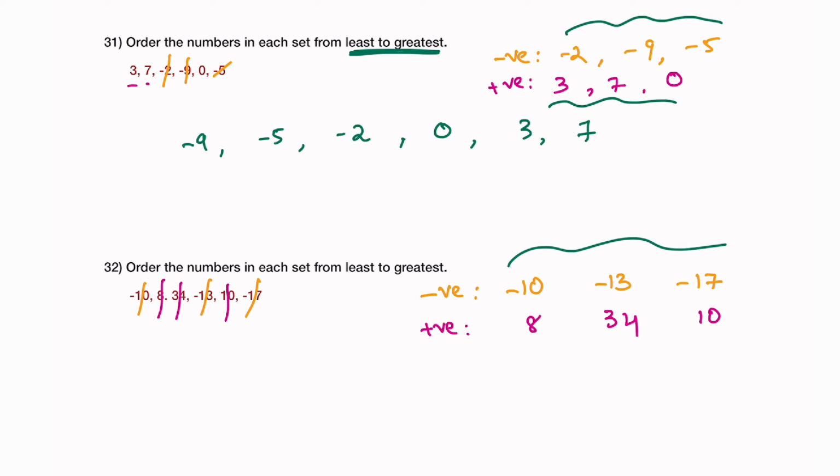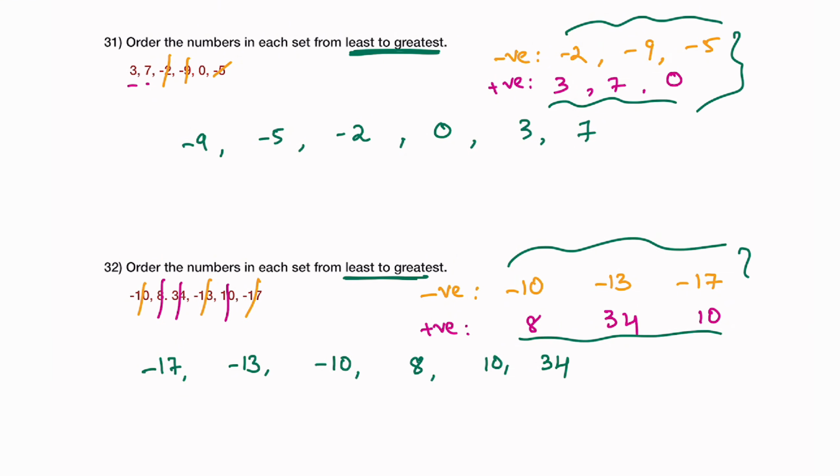First the negative ones because it is least to greatest. So minus 17, minus 13, minus 10, right? The negatives are sorted. Now I check the positives. So it's 8, 10, and 34. And it's done. Simple. So this task helps me a lot and it will help you too.